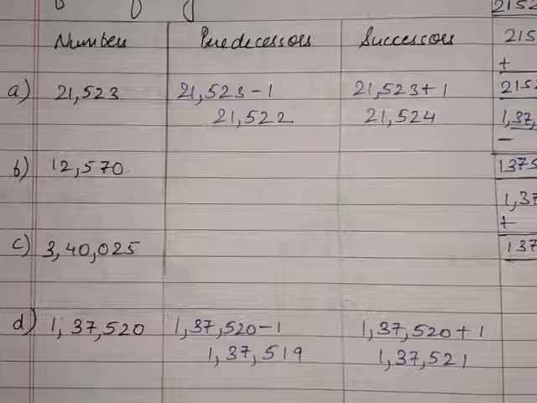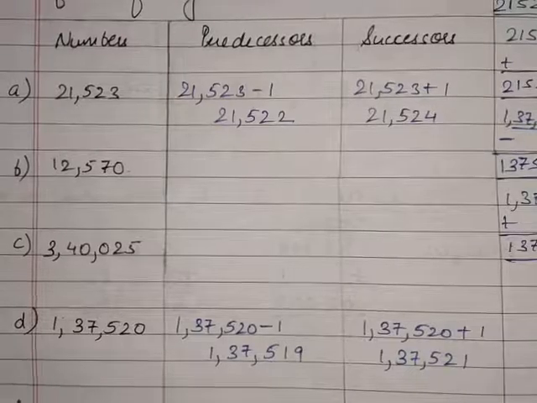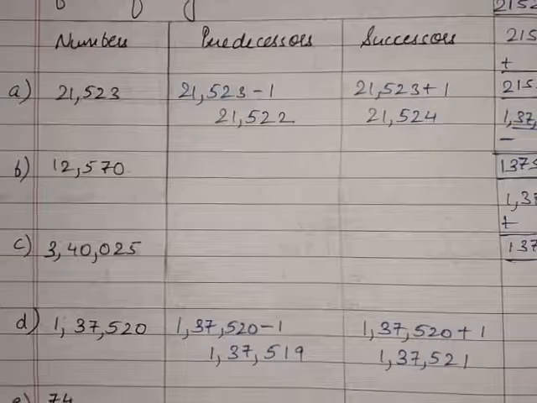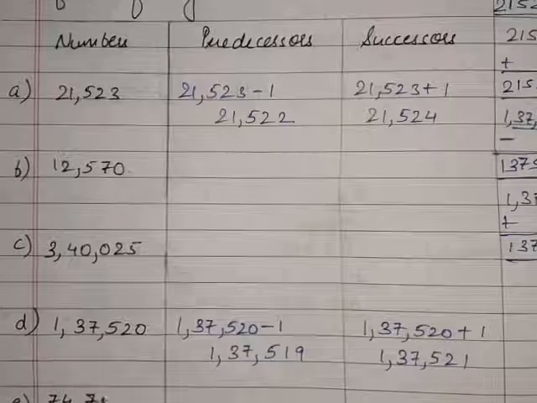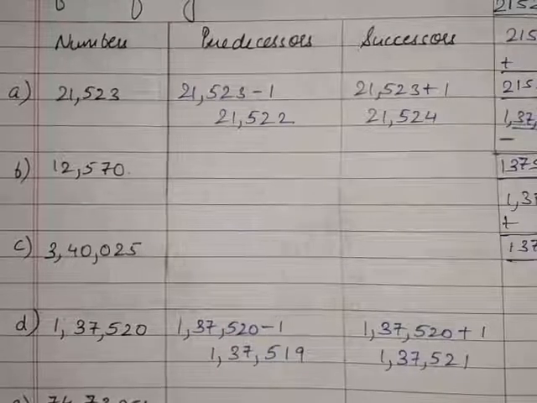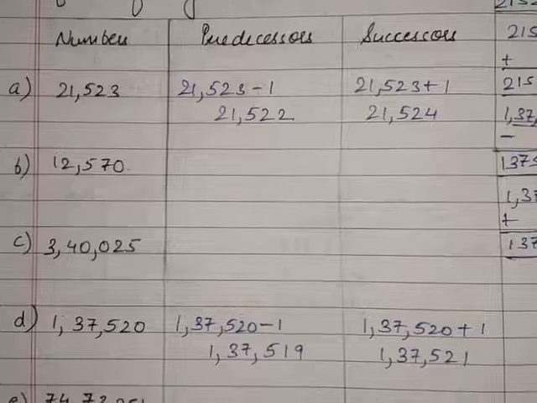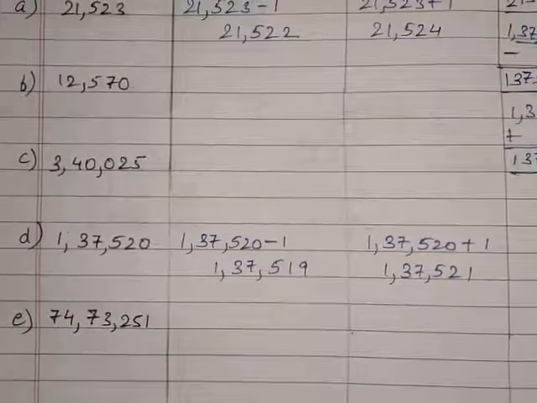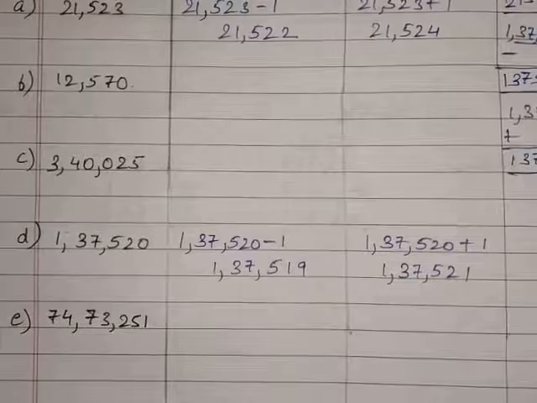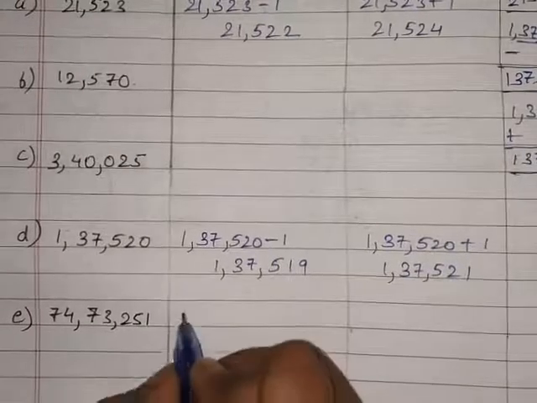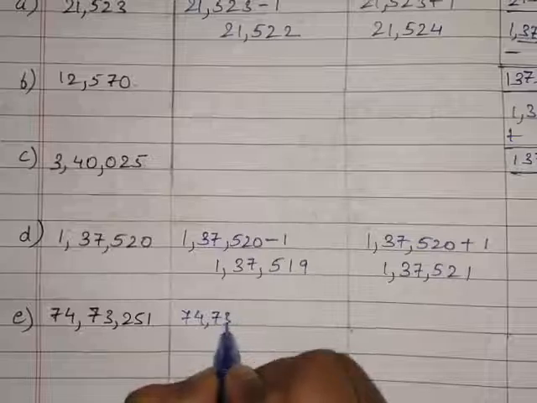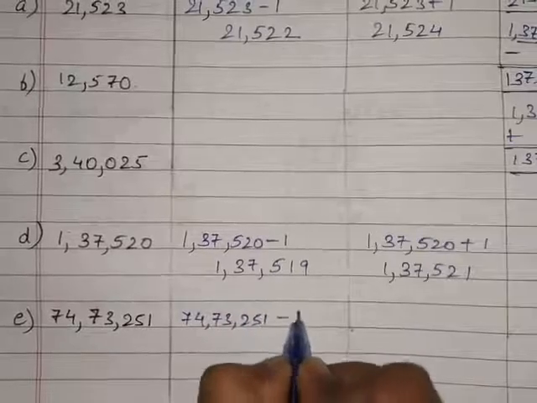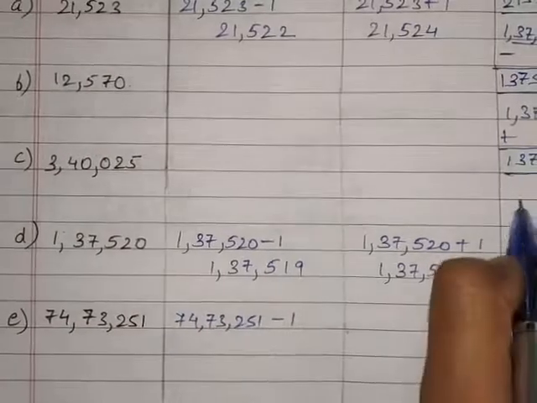Now what is the E question given? E question is given 74,73,251. Now how do we get the predecessor of this number? By subtracting 1 from the given number. See, 74,73,251 minus 1.